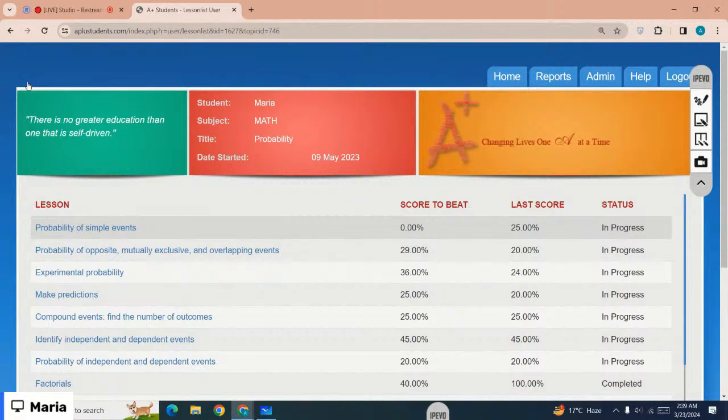The chapter we're working on is probability. The lessons we have covered today are probability of simple events, probability of opposite, mutually exclusive and overlapping events, experimental probability, and making predictions, right? So please make sure before the next session you complete all the practice questions for the lessons we did today. That is your homework until the next session, right?